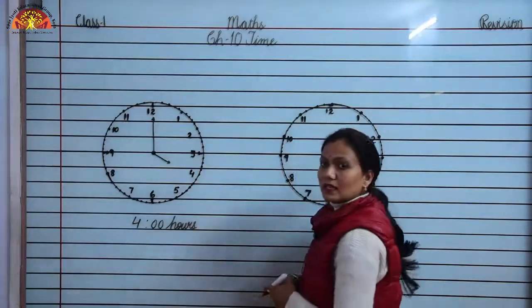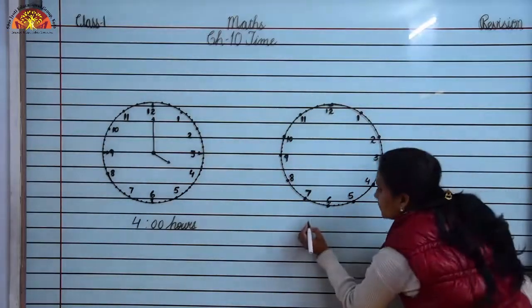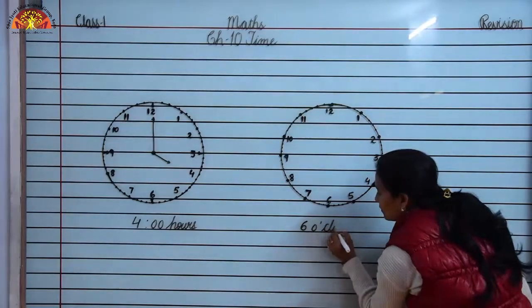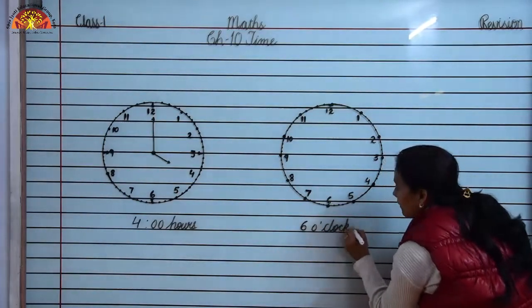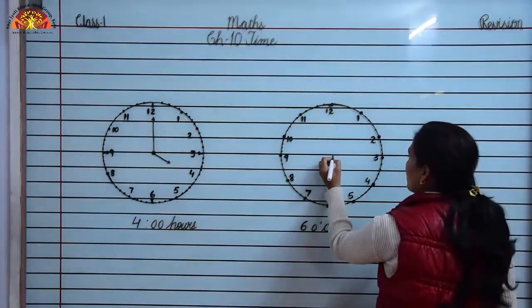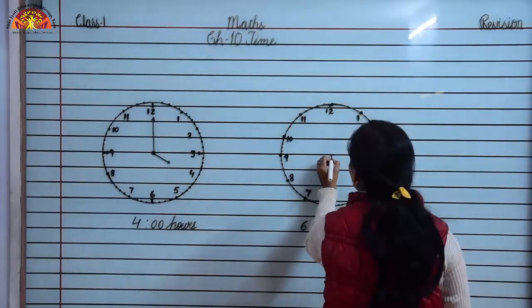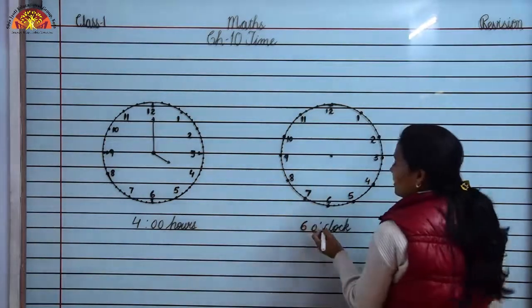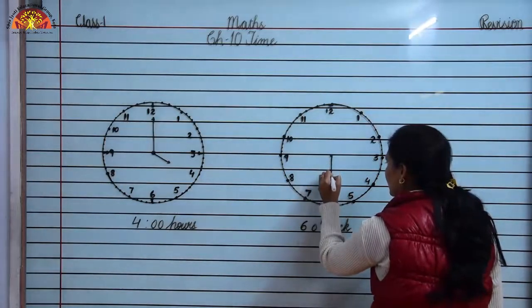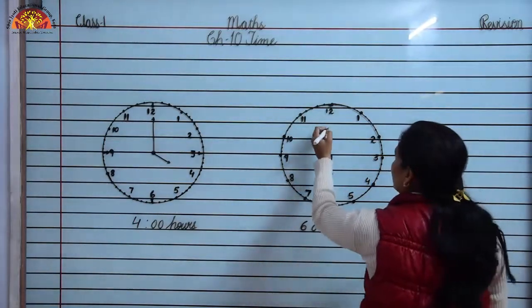Now, suppose time is given to you 6 o'clock. And here also we have to draw both the hands. How we will draw? Our hour hand will be at 6 and minute hand?